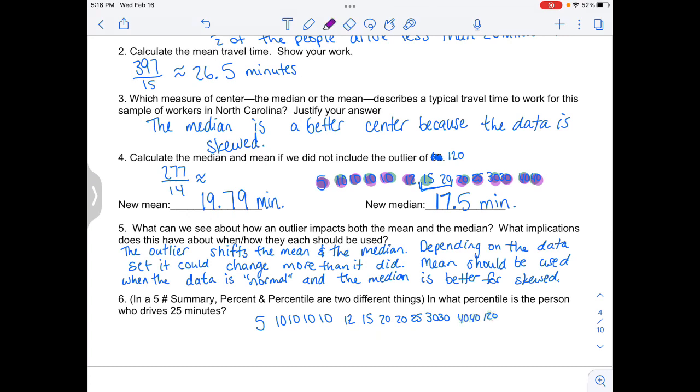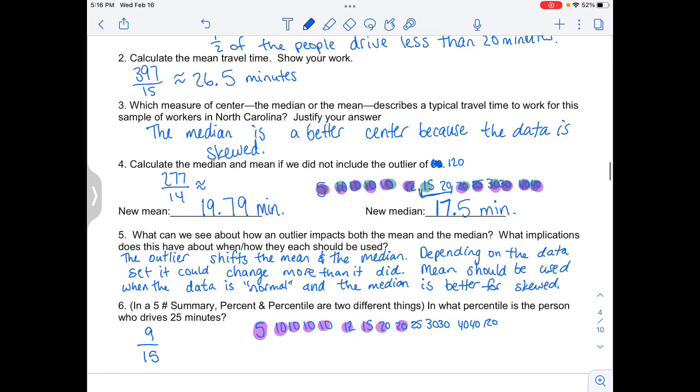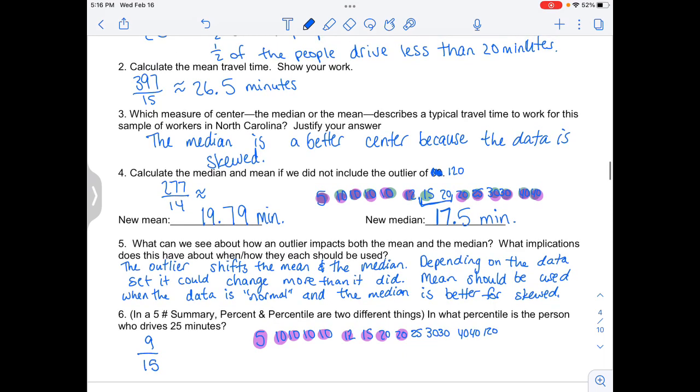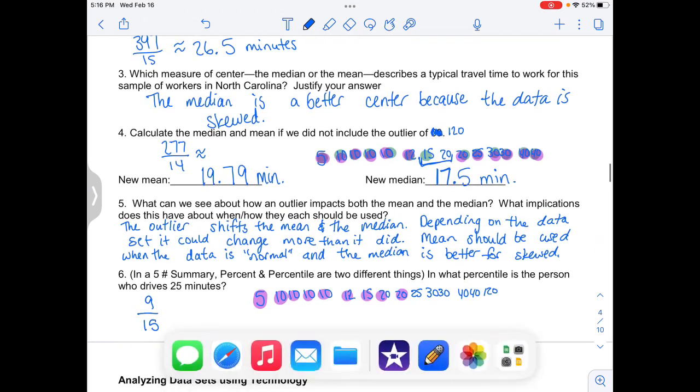You are going to count how many numbers are smaller than that specific one. So there's 9 numbers smaller than 25. So you're going to take 9 divided by the total amount, which is 15. This will give you a decimal. That is fine.